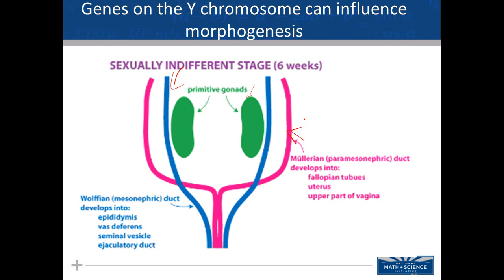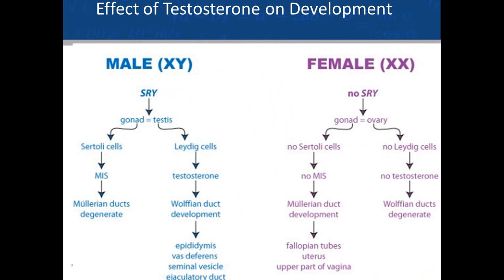Well, this is the way it's going to work. If it is a male, the SRY gene is going to produce a protein, or a factor, if you will, that has an effect on that primitive gonad. The primitive gonad is going to develop into a testes, and inside that testes, there are two different types of cells.